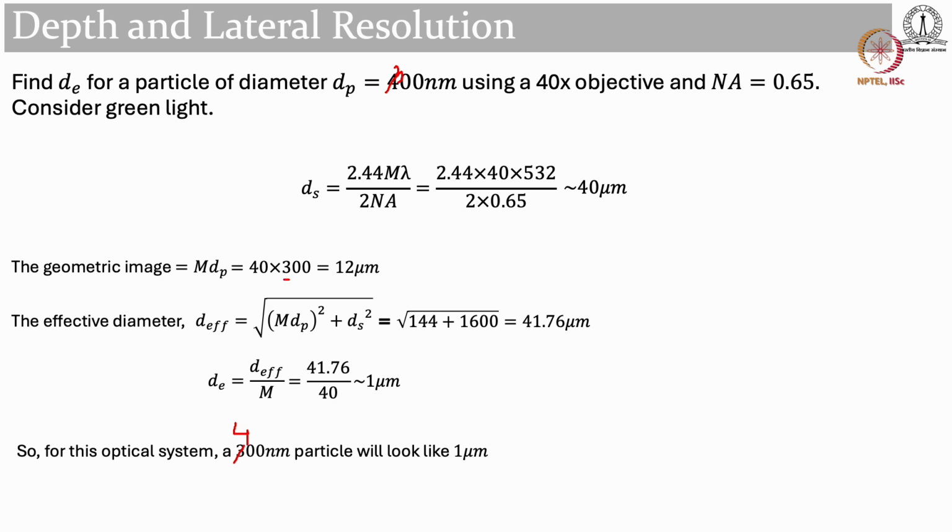You can see I have written 300, so this is fine. So a 300 nanometer particle will look like a 1 micron particle.